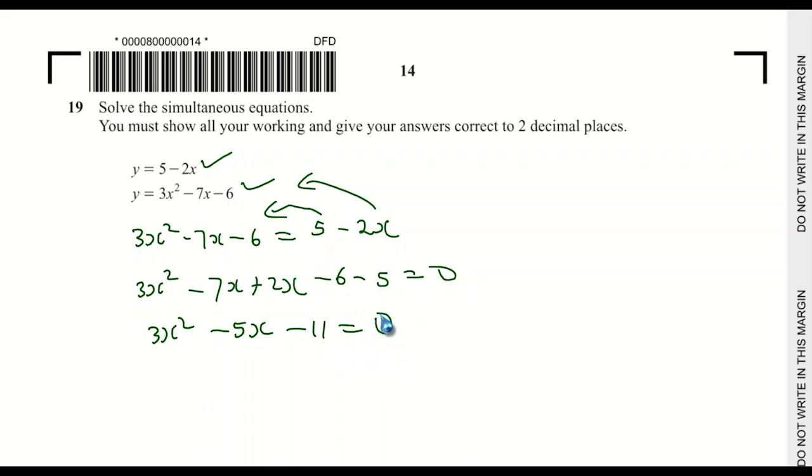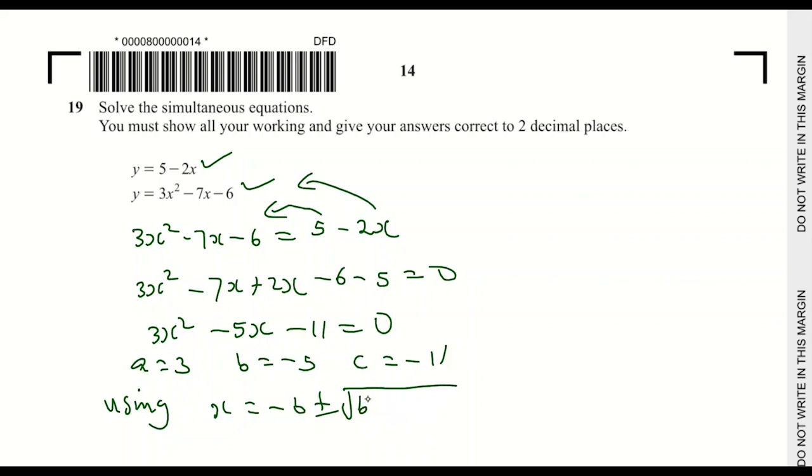So this is the quadratic equation we need to solve now. From here, a equals 3, b equals negative 5, and c equals negative 11. Using the quadratic formula, which is x equals minus b plus or minus square root of b squared minus 4ac, everything over 2a.